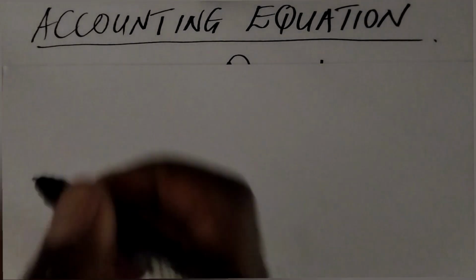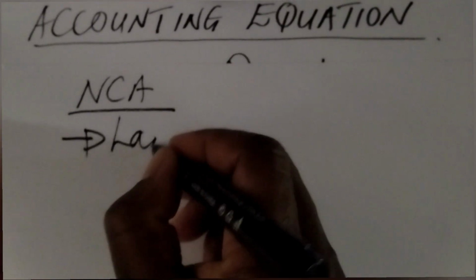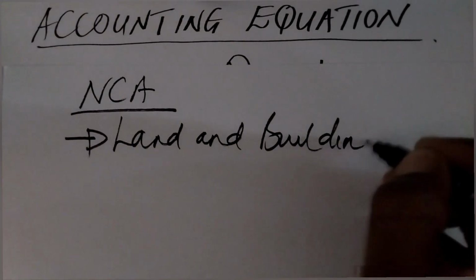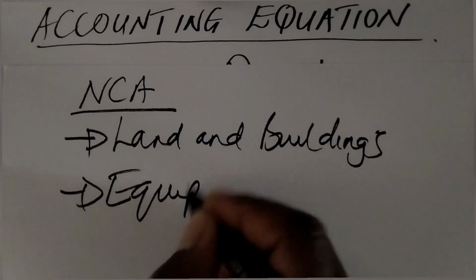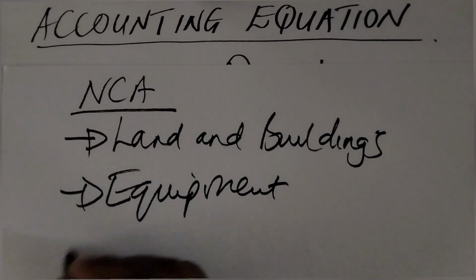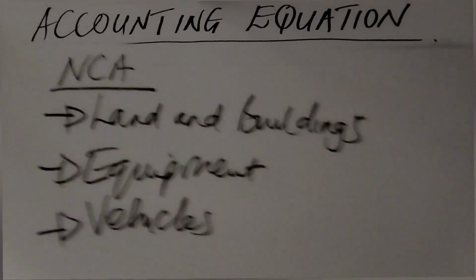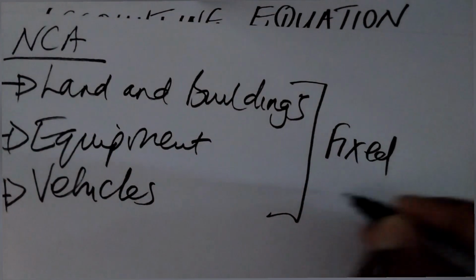So, for example, when you talk of non-current assets, the ones that would come to your mind are land and buildings. That's the first one. Then the second one is equipment, and the third one is vehicles. These three are classified as fixed assets.